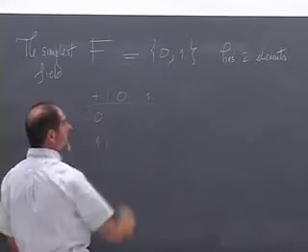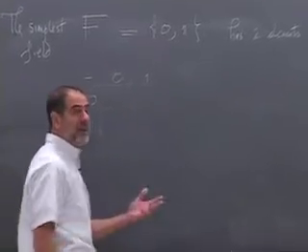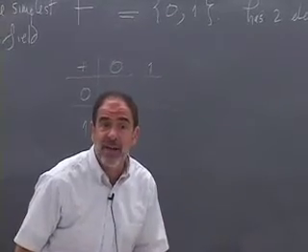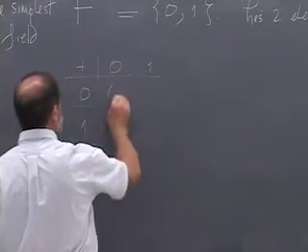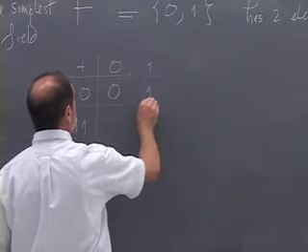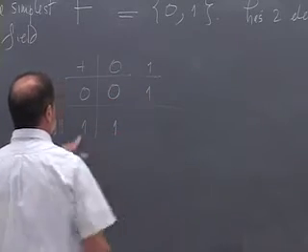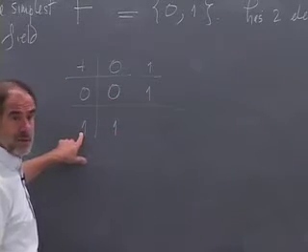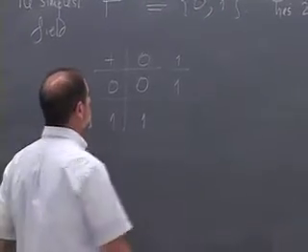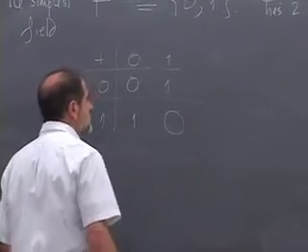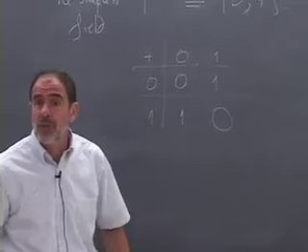When you add 0 to anything, you have to get itself. That's part of 0 being the identity element for addition, right? So 0 plus 0 is 0. 0 plus 1 is 1. 0 plus 1 is 1. All I have to tell you is what 1 plus 1 is. We'll call 1 plus 1 0. That's my definition of what 1 plus 1 is.